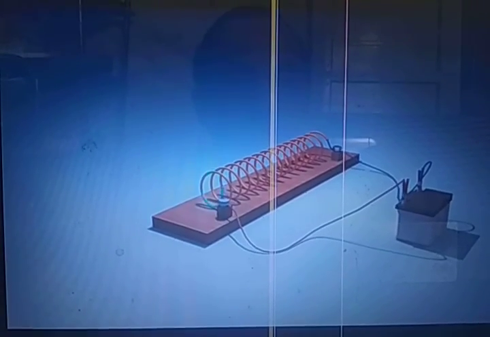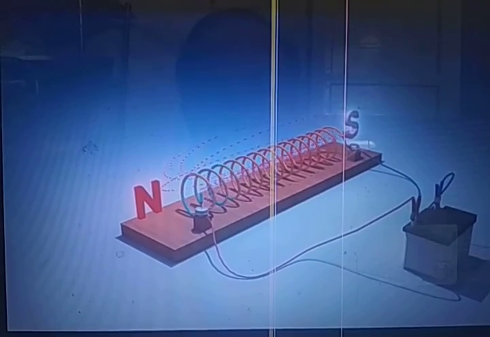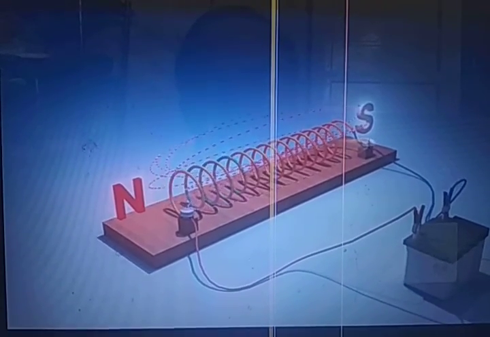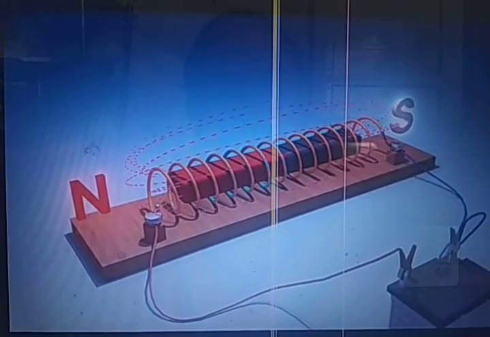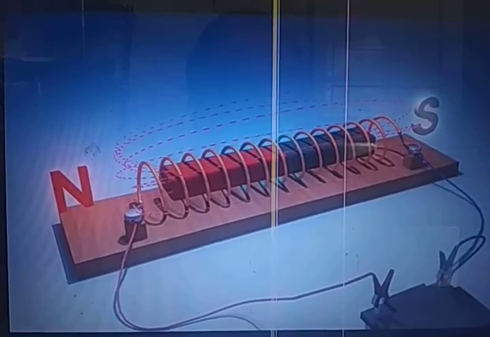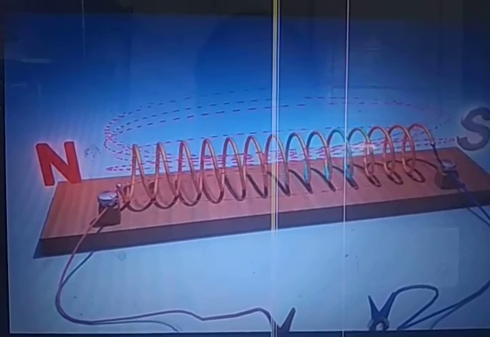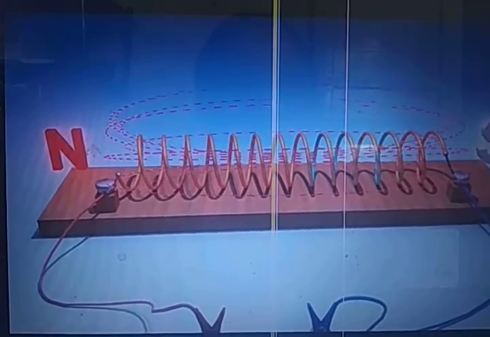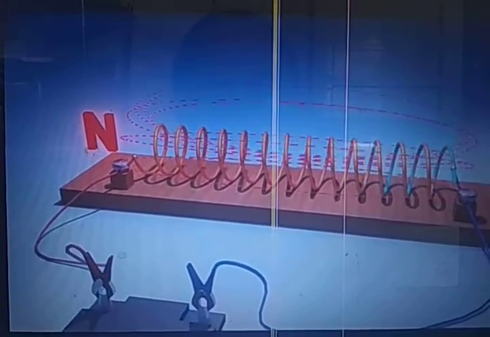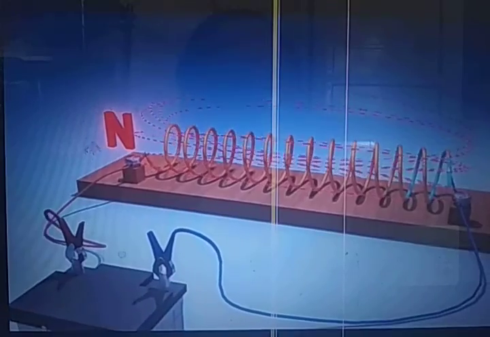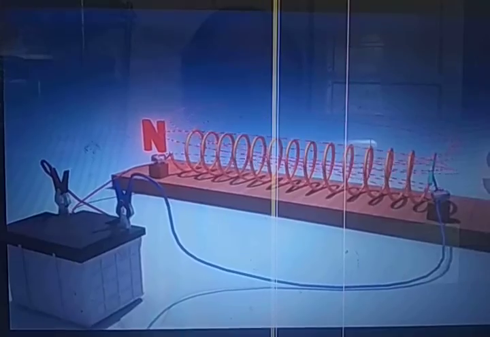When we pass an electric current, we observe that it has a magnetic field, like what we observed in the bar magnet, which has a north pole and a south pole. Inside, if you observe carefully, the lines are parallel to each other and flow from south to north, and outside they flow from north to south. They have the same magnitude.